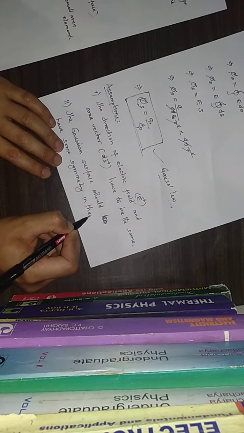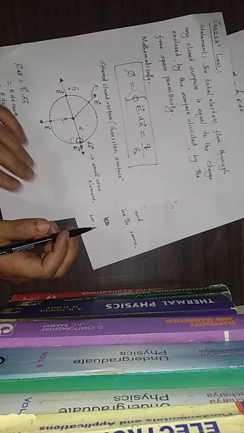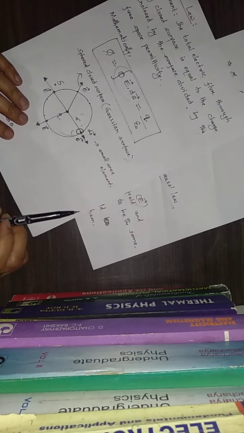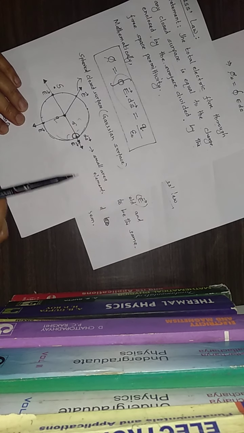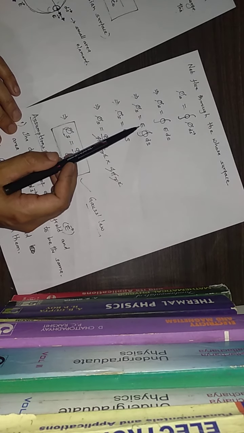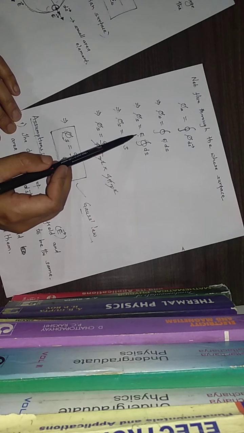Meaning your Gaussian surface should be a symmetrical surface, because only if the surface is symmetrical will the value of the electric field at each point on the surface be the same, E. That's how we took E as a constant.